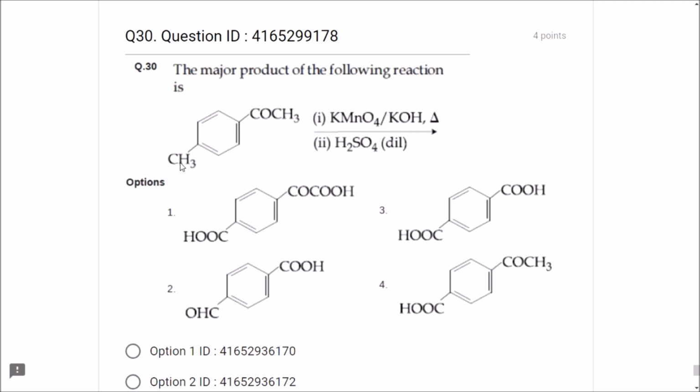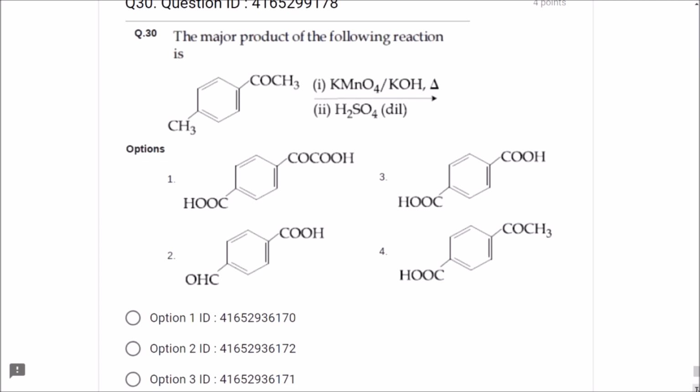The methyl will get oxidized to acid, and the acetophenone will also get oxidized to carboxylic acid, giving a diacid. In the first step with KMnO4 and KOH, the reaction gives the salt of this diacid. Upon treatment with dilute sulfuric acid, we get the dicarboxylic acid, terephthalic acid. Option number 3 is correct, students.